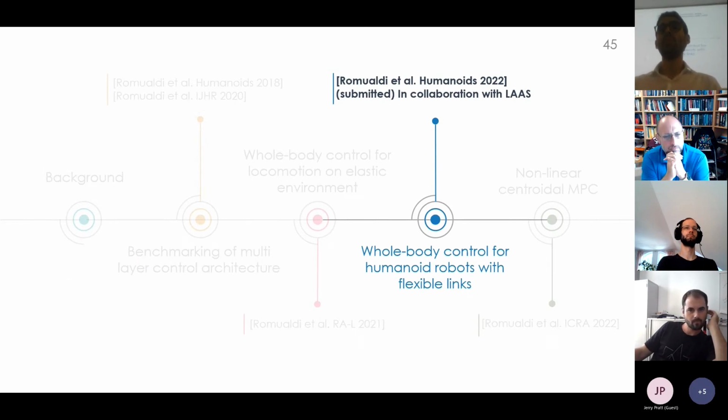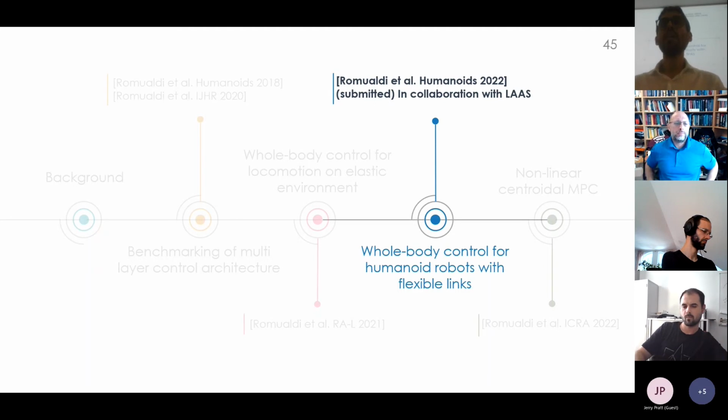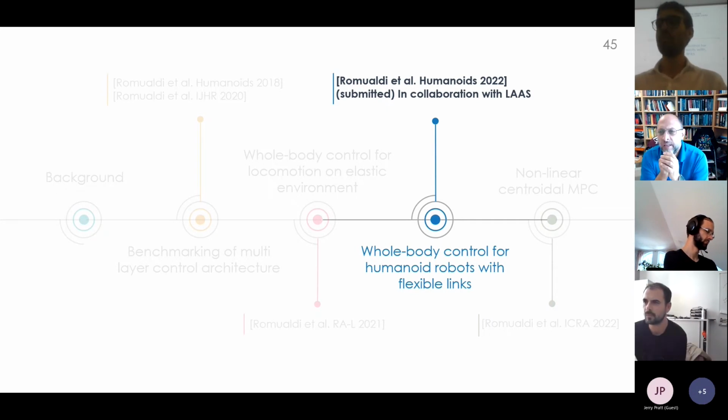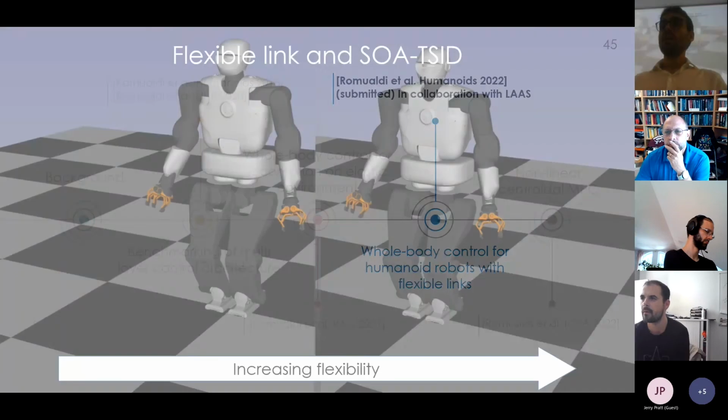And I will present you a whole body controller for locomotion with robots having flexible links. This work has just been submitted to Humanoids 2022 and has been done in collaboration with LAAS. Actually, I did this work during my period abroad there, under the supervision of Professor Olivier Stasse.